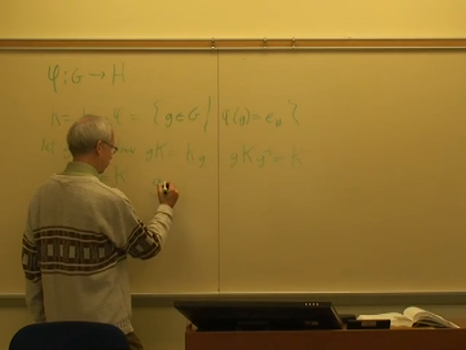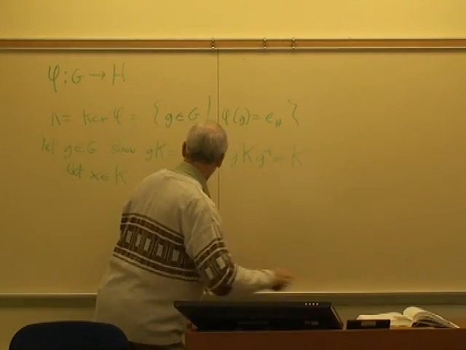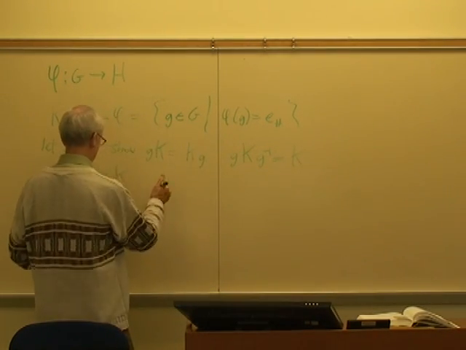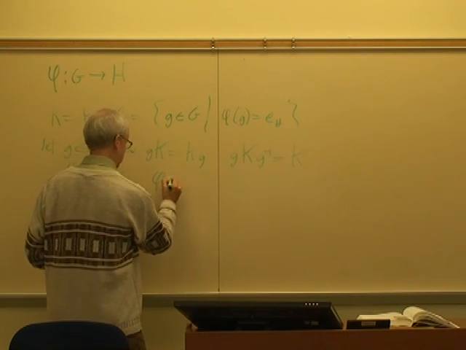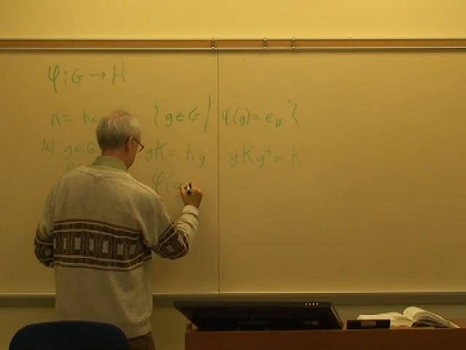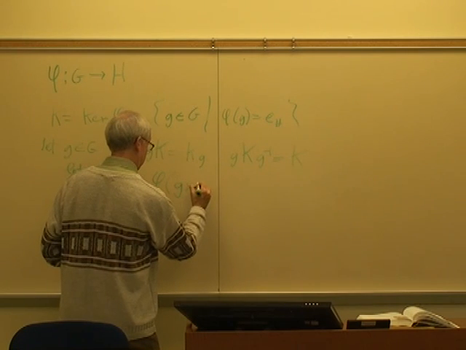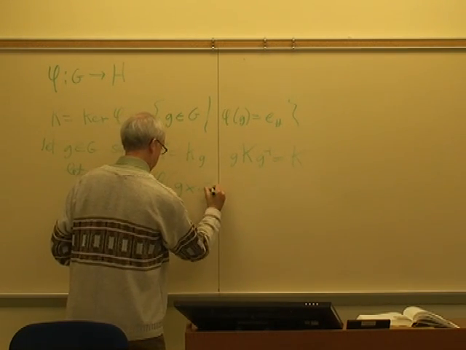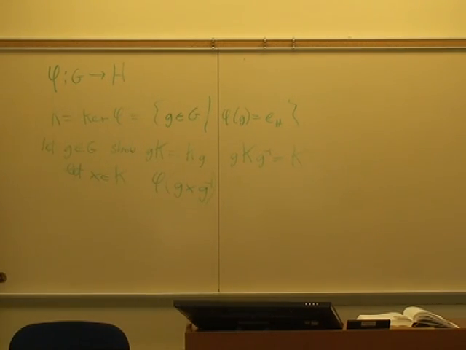Then what happens under that map? Phi of g times x times g inverse.